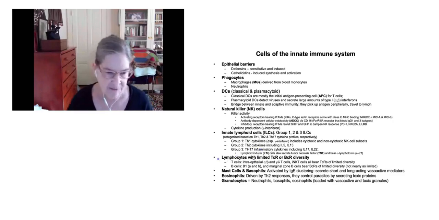And then you have lymphocytes whose T cell receptor or B cell receptor diversity is limited, and they're innate type T cells and B cells. So they act early in the immune response. And then there are some other cells, mast cells, basophils and eosinophils. This is just a list for you if you want to go back and look those cells up later on.